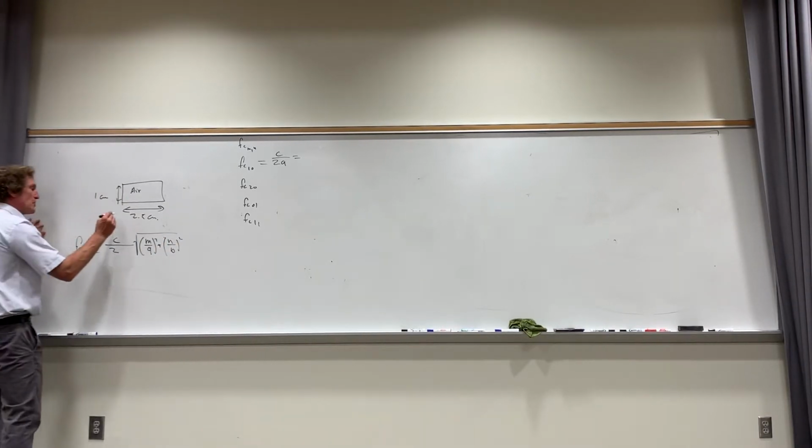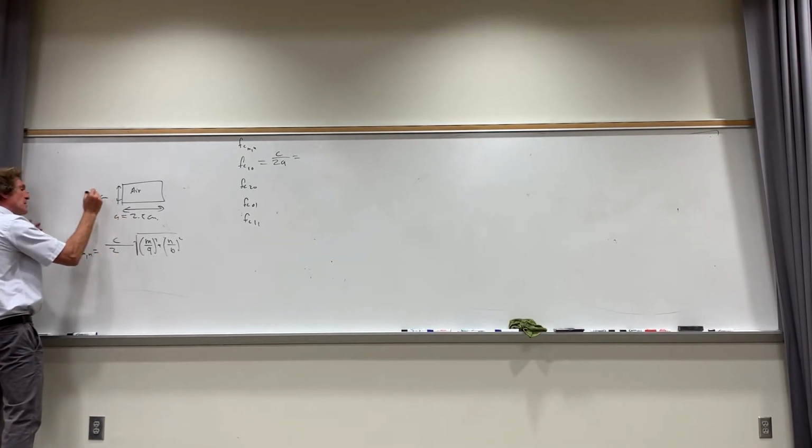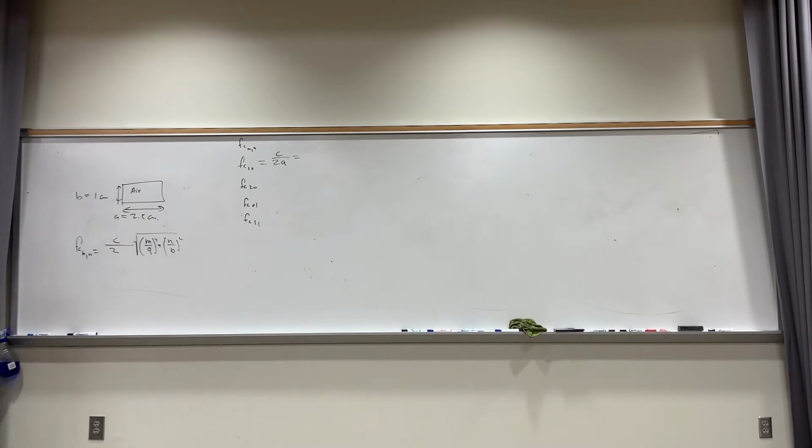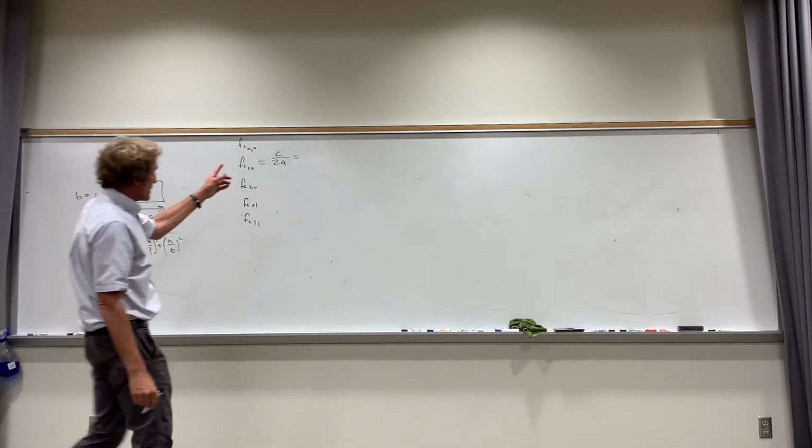A is 2.5 centimeters, B is 1 centimeter. Remember, a centimeter is 10 to the minus 2 meters. Gotta make sure of this. So just tell me what the frequency is for the 1-0 mode.